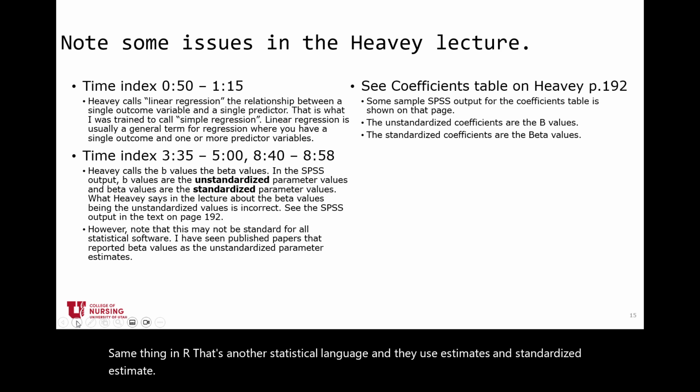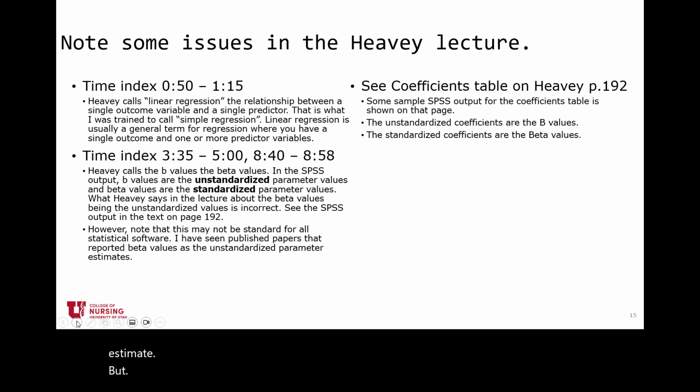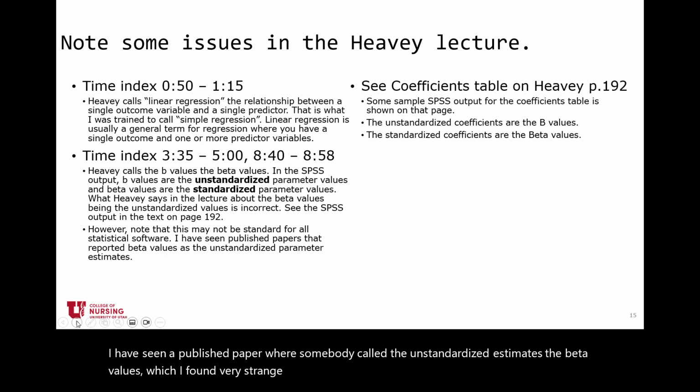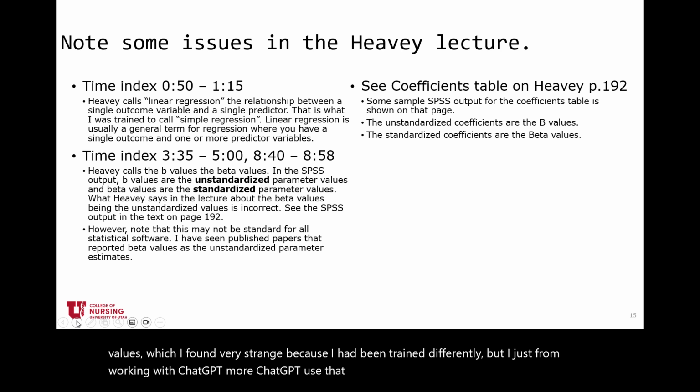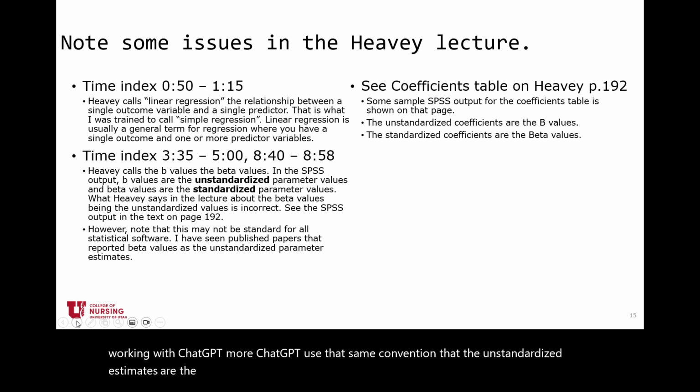But I have seen a published paper where somebody called the unstandardized estimates the beta values, which I found very strange because I had been trained differently. But just from working with ChatGPT more, ChatGPT used that same convention that the unstandardized estimates are the B's and the standardized estimates are the betas.